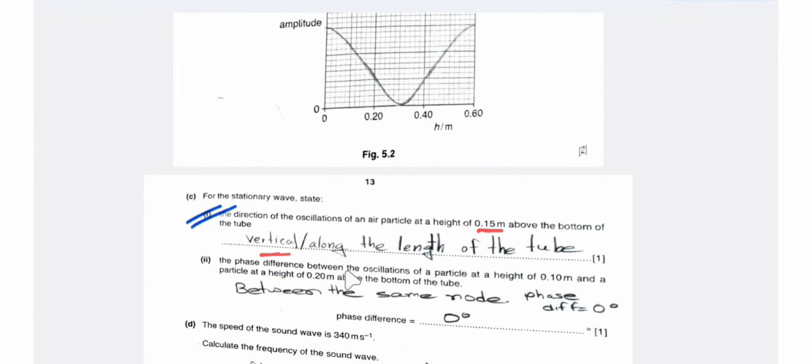Then the phase difference between oscillations of a particle at a height of 0.10 meter and a particle at a height of 0.20 meter above the bottom of the tube. So what is the phase difference at a height of 0.10 and 0.20 meter? Let's suppose the total length is 0.60, this is 0.30, this is 0.20 and this is 0.10.